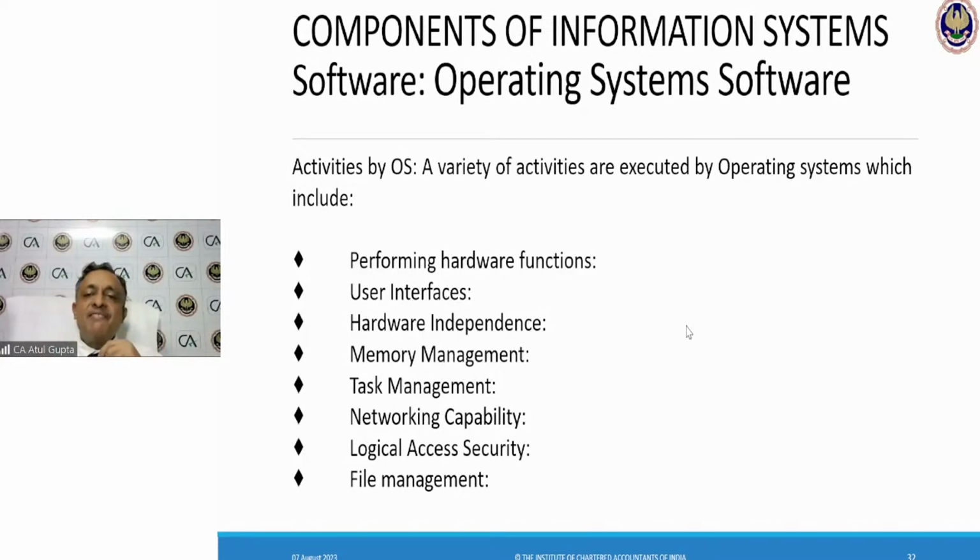Then what activities are done by the operating system? The operating system does the following activities: link to the hardware, create a user interface, create hardware independence. Now please understand, creating hardware independence means whatever hardware you have, you can have a different operating system working on that. Just for example, suppose you have a system where your hard disk is 1 terabyte.